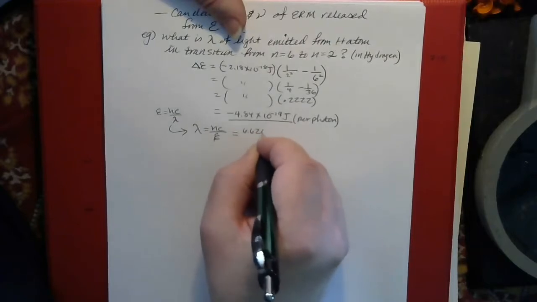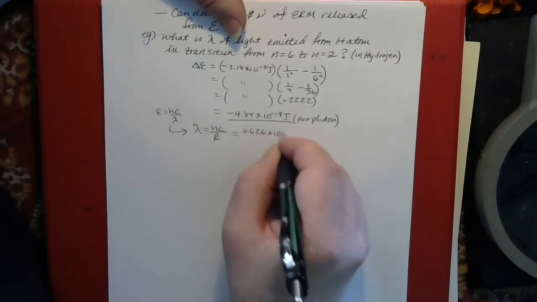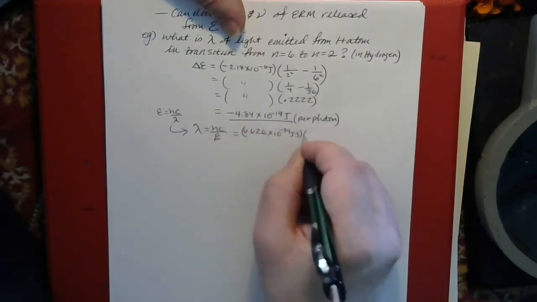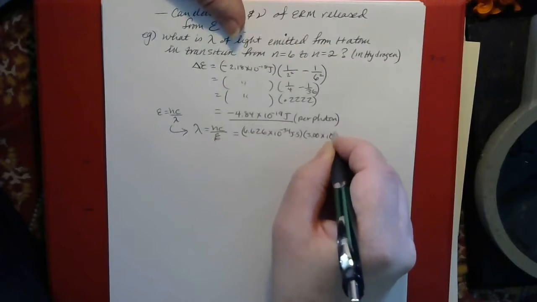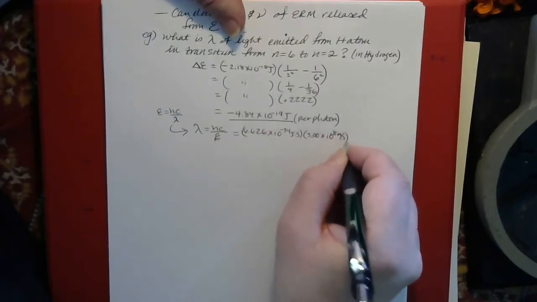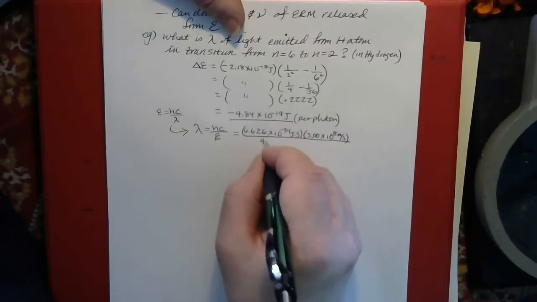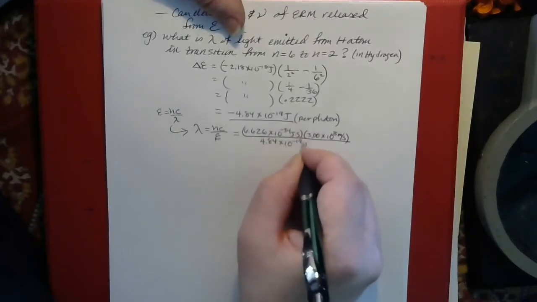H is the constant, Planck's constant, 6.626 times 10 to the minus 34 joule seconds. C is the speed of light, 3 times 10 to the 8th meters per second. And then the energy, again, is positive 4.84 times 10 to the minus 19 joules.